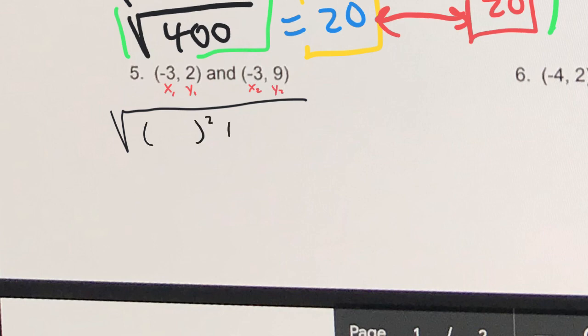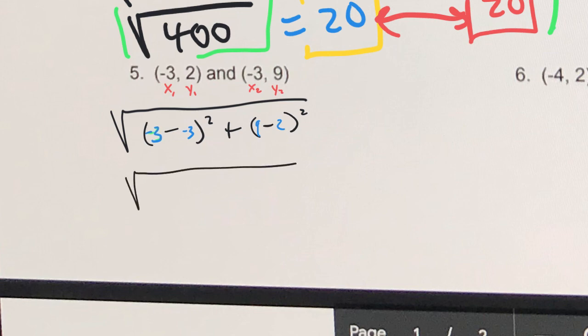So we're going to have this situation. Okay, x2 minus x1 is going to be -3 minus -3, right? And then over here, it's going to be y2 minus y1. Well, that's going to be 9 minus 2.